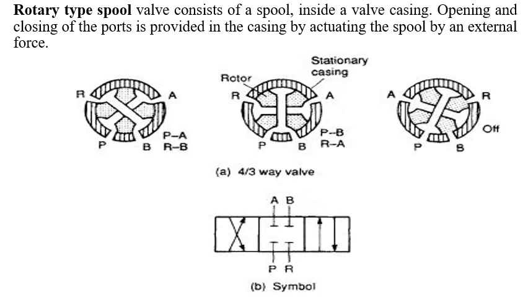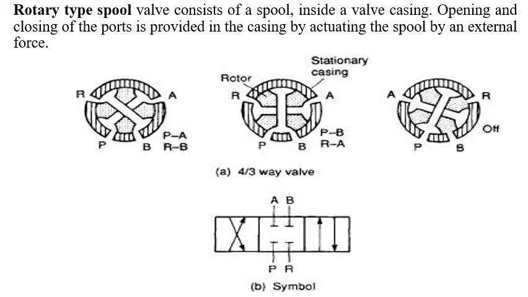This diagram represents a 4/3 way valve. 4/3 means this valve mainly consists of 4 ports: port P, port A, port R, port B. Port P is for the pump, ports A and B are for actuators, port R means reservoir or tank, and 3 means there are 3 positions.